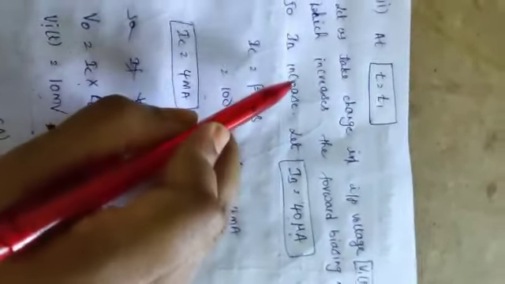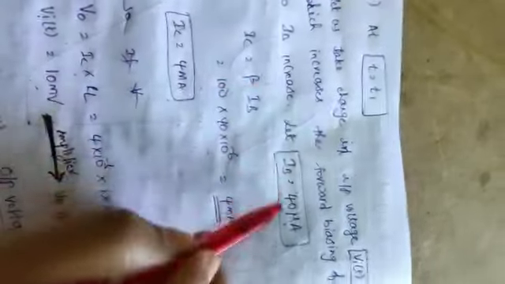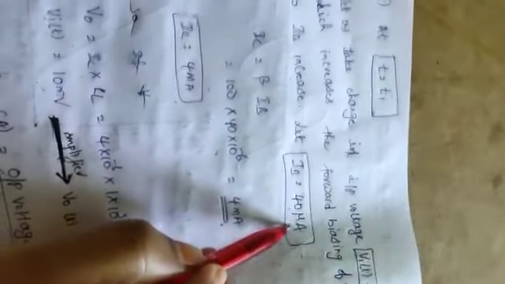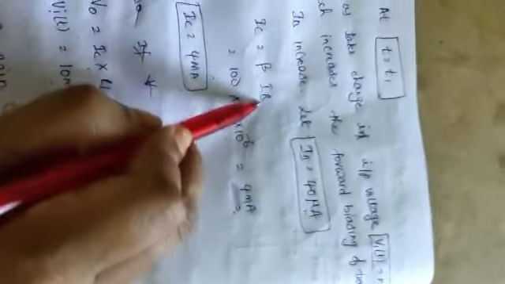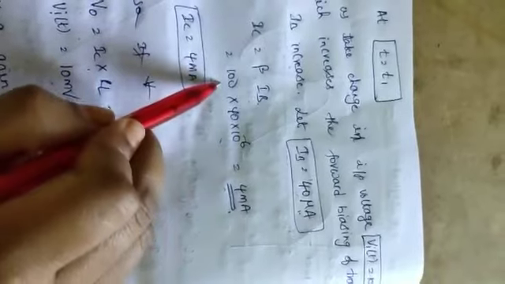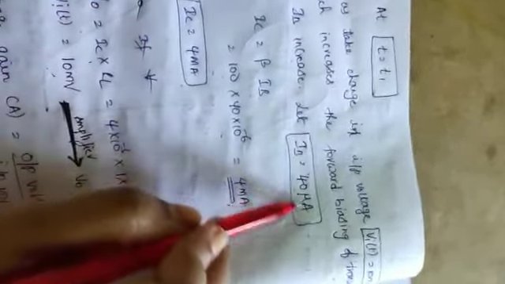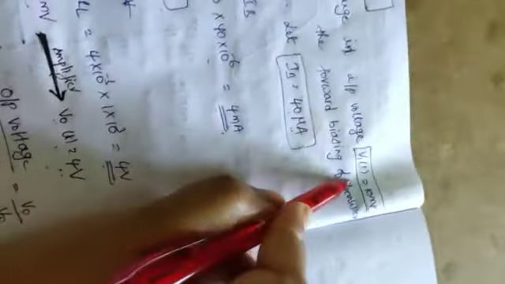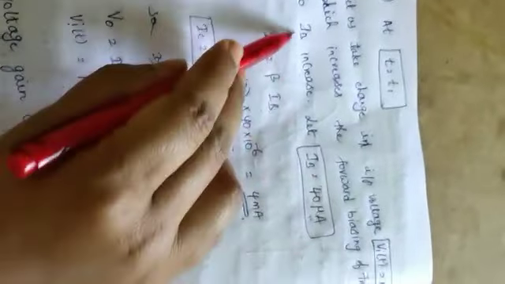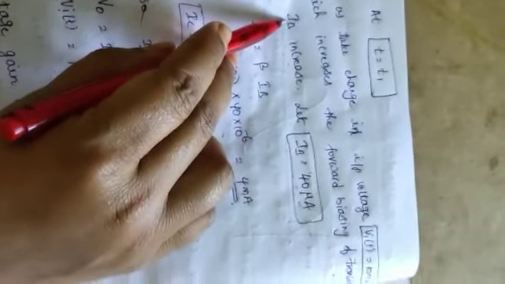Let us take this increased IB as 40 microamperes, so that IC equals beta times IB. Beta is 100, already we know that, and IB is now 40 microamperes. So this increased voltage Vi of t equal to 10 millivolts increases the forward biasing of the transistor, which in turn increases the base current IB.